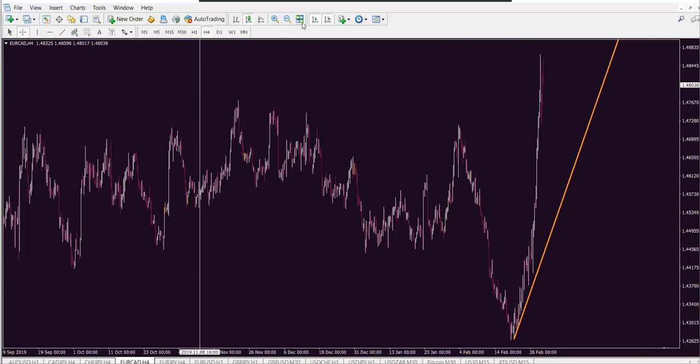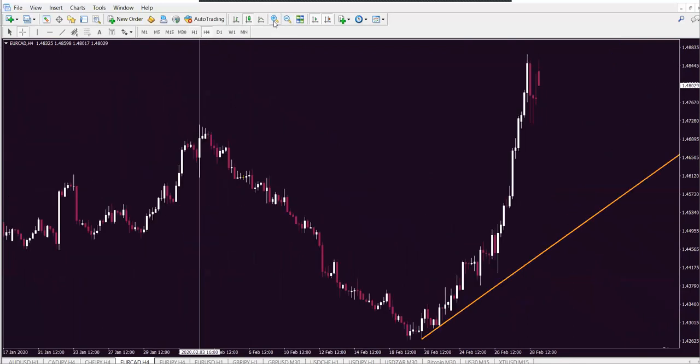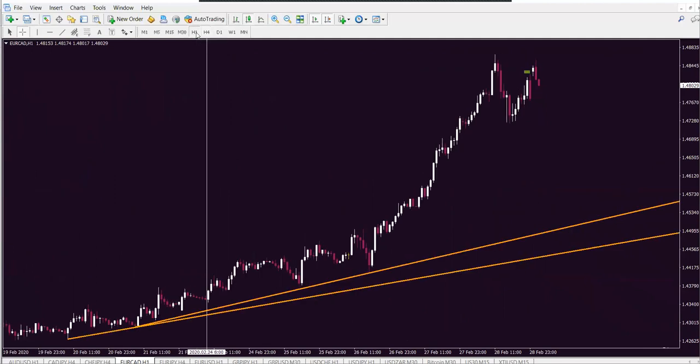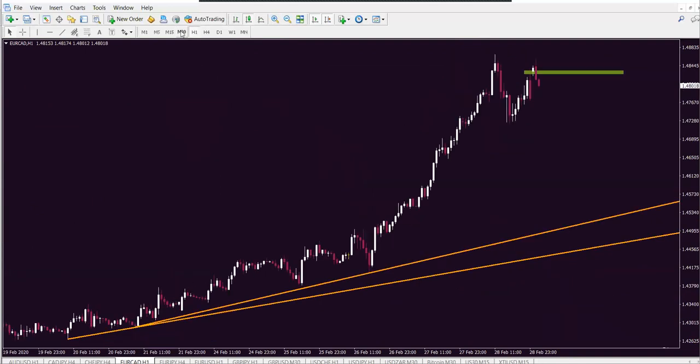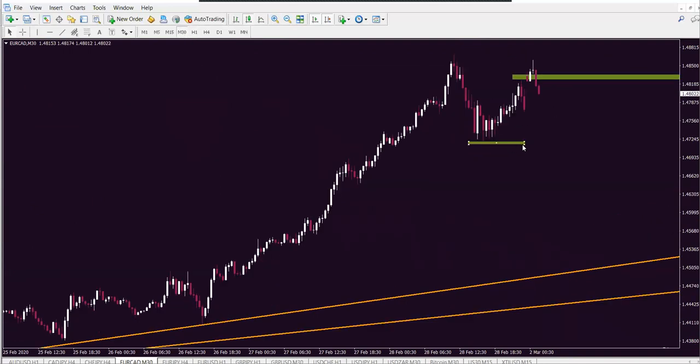So this is the H4. Let's go to the hourly. Before the market open, add these.